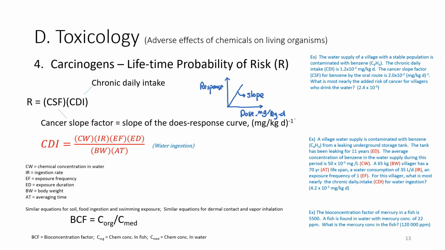One of the chronic daily intakes, CDI, based on ingestion is shown here. Essentially, it's the total amount ingested over the exposure period divided by the body weight and the total lifespan of the individual.